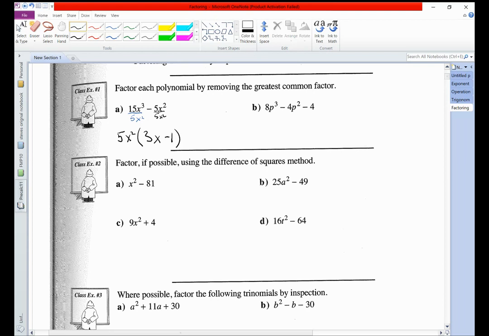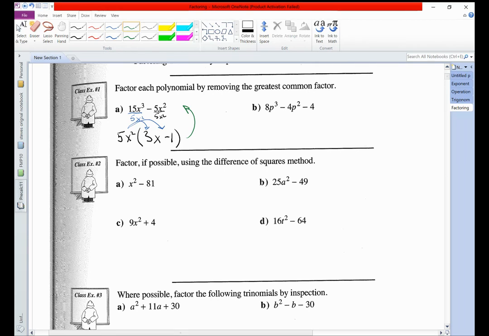If I pull out a 5x squared, I'm left with 3x minus 1. And you can always double check to see if this is right. The way you do that is to just multiply that back through. So do the 5x squared multiplied by 3x and multiplied by -1. When you do that, you should end up back with the original polynomial.